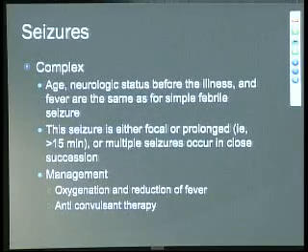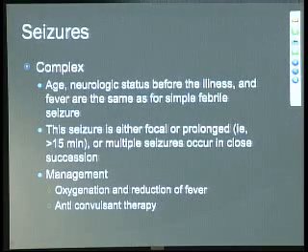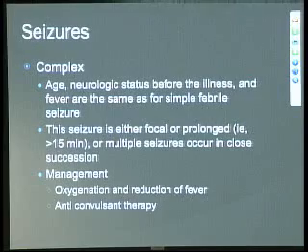So the short answer for what is a complex febrile seizure is any febrile seizure that is not a simple seizure. If you don't have all of those things, you can't call it simple. So if they're outside of those age ranges, or if they had a neurologic problem or something different before the illness and they had a fever, that's the same.